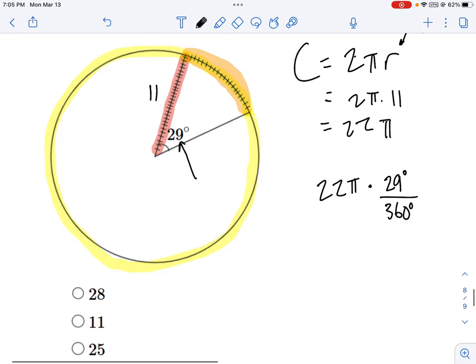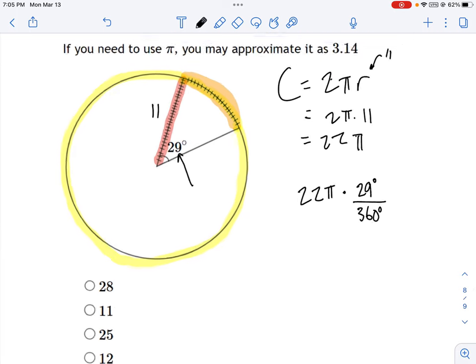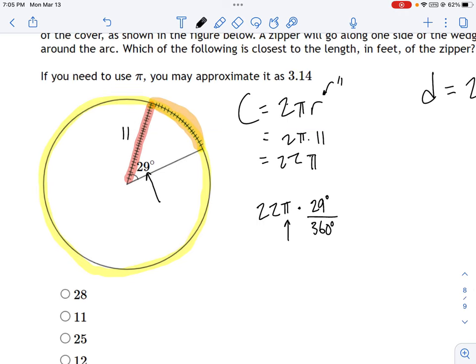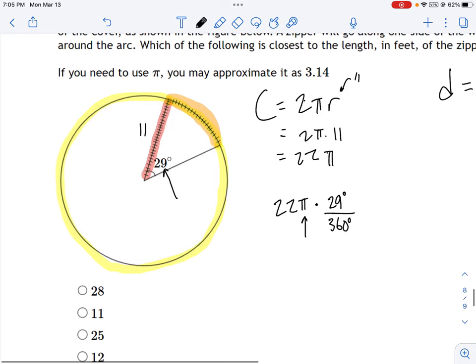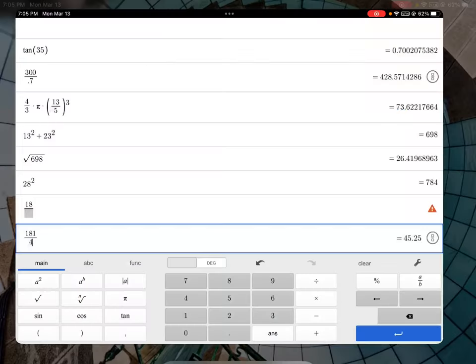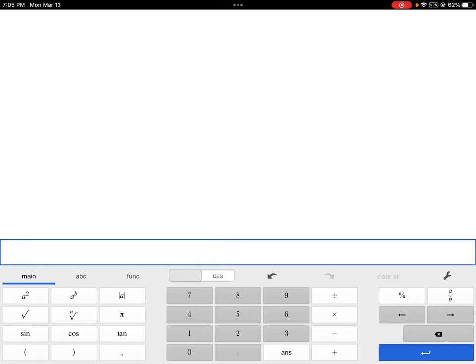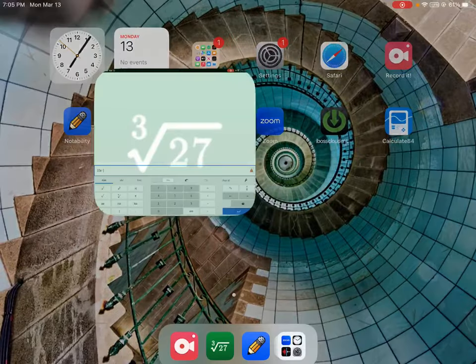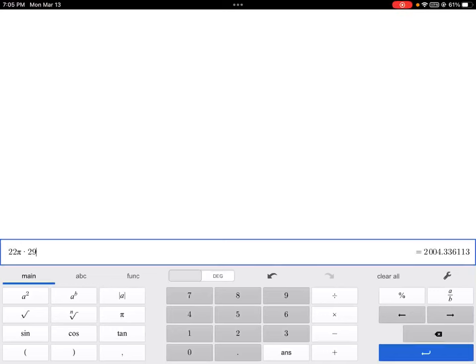So then all we do is a little bit of calculator work. You'll notice that none of your values here have pi, so we're going to be multiplying pi in on this one. This is just plug and chug into some calculators. So we have 22 pi times 29 degrees over 360.